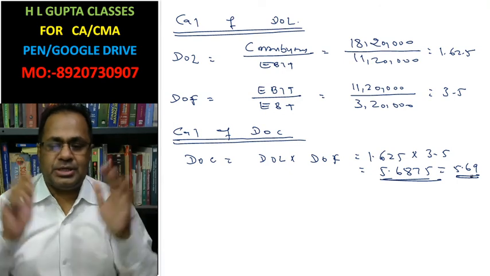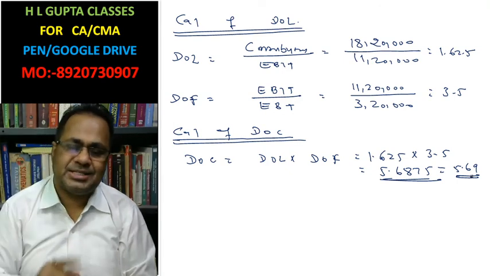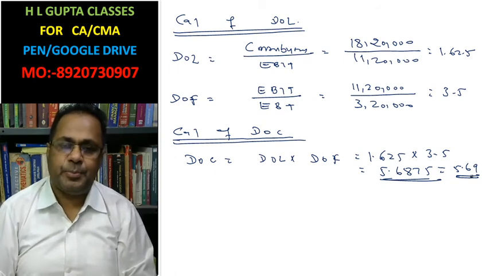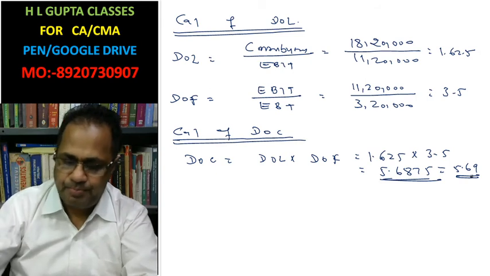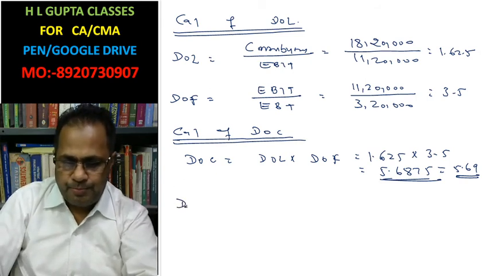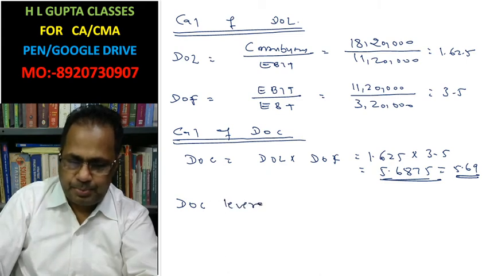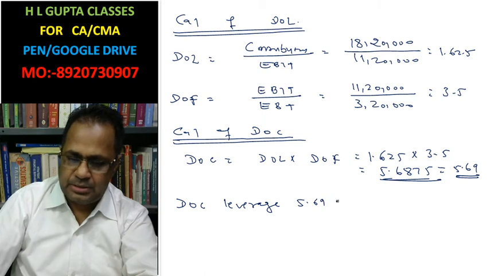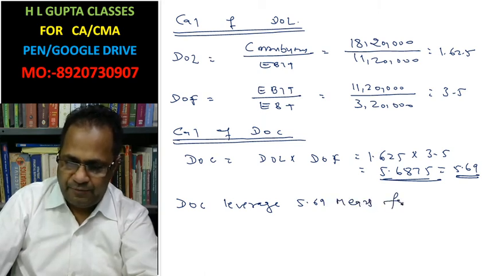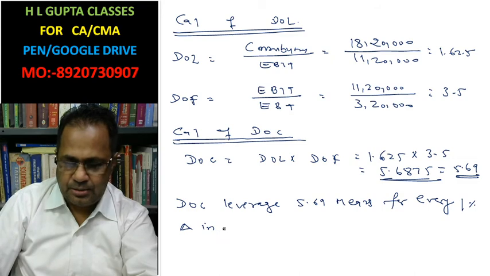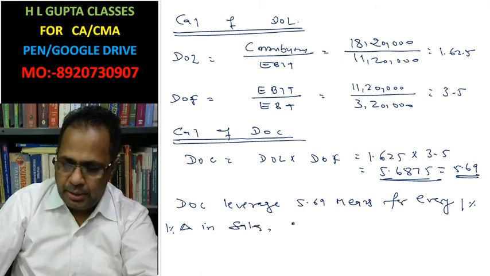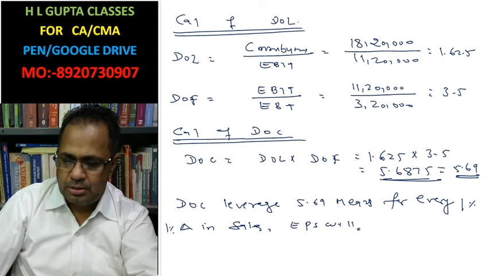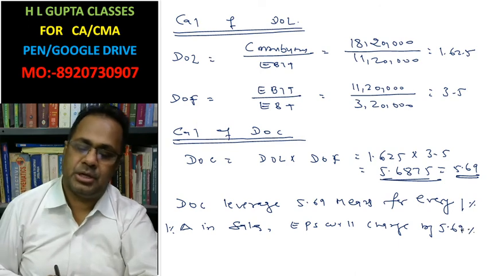It means for every 1% change in sales, EPS will change by 5.69%.